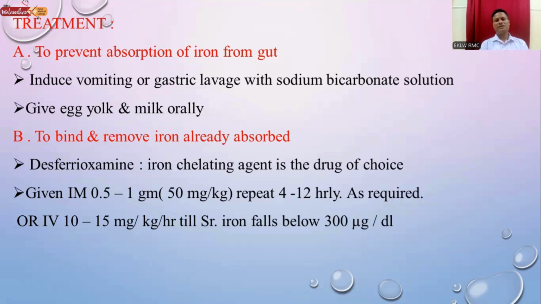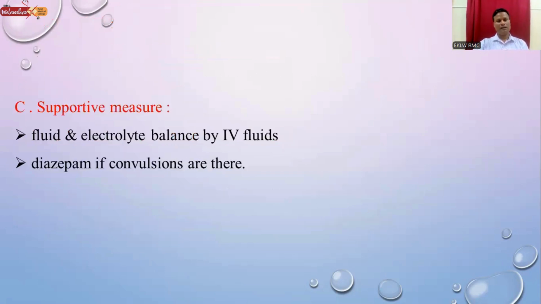Or it can also be given by intravenous route, at a dose of 10 to 15 milligram per kg per hour till serum iron levels fall below 300 microgram per deciliter. Such patients also require other supportive measures like fluid and electrolyte balance by administering IV fluids. And if there are convulsions, we can administer diazepam by IV route, which should be administered cautiously.